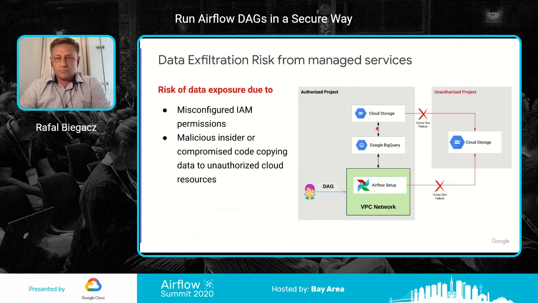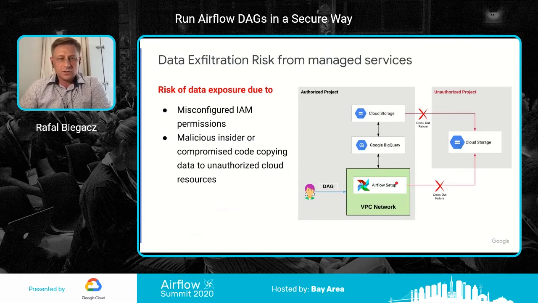Now there is a possibility of copying the data from the cloud storage in the authorized project to cloud storage in an unauthorized project, and it can happen directly, through data copying from one bucket to the other, or even your DAG could do that.